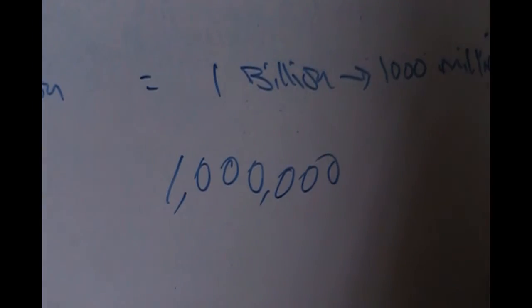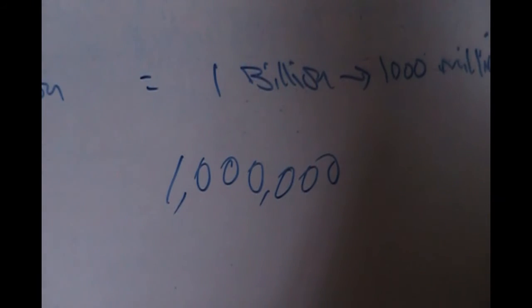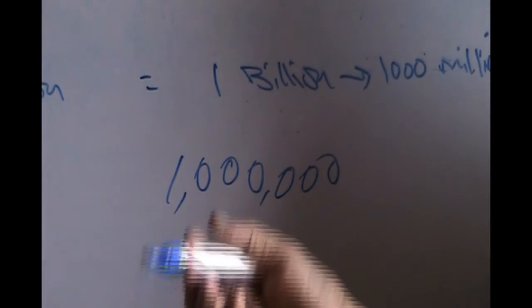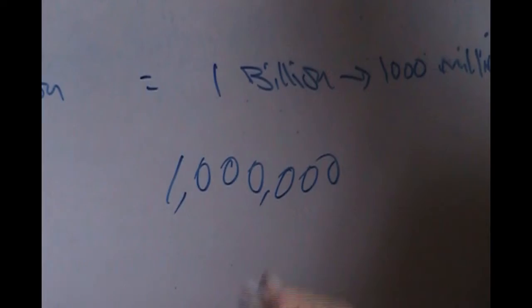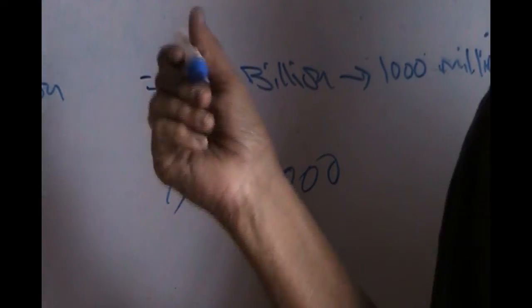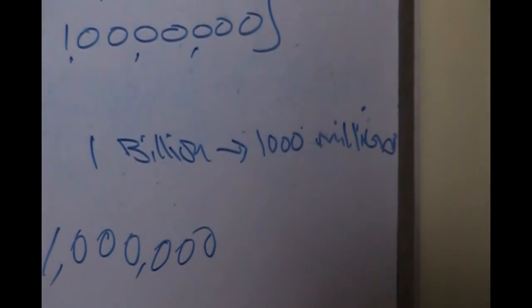After 10,000 and a lakh, we don't call it 10 lakhs, it is called 1 million. 10 million will be equal to 1 crore, and 100 crores will make 1 billion. So 1 billion will be equivalent to 1000 millions.